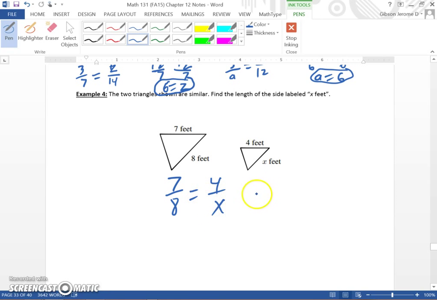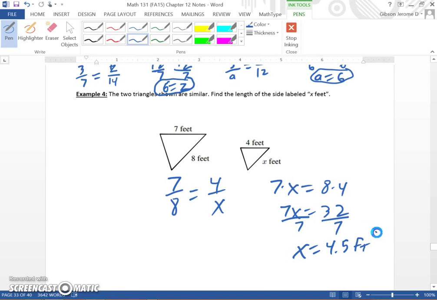We would have 7 times X is equal to 8 times 4. So we would have 7X is equal to 32. We can divide each side by 7, and X will equal 4.5 feet. And we're done. Are there any questions?